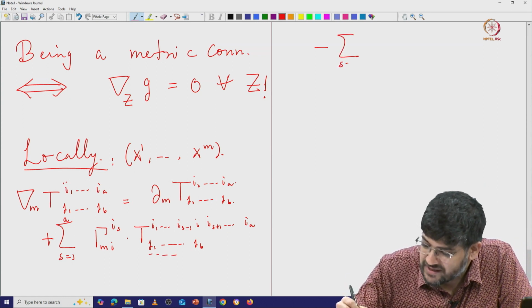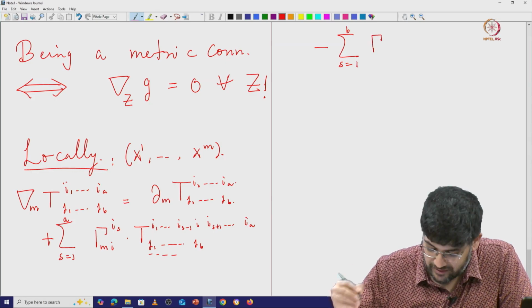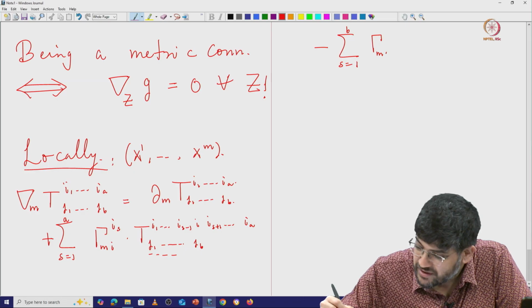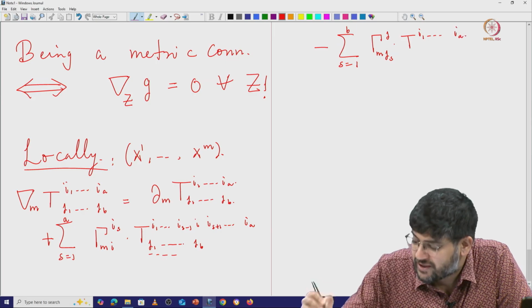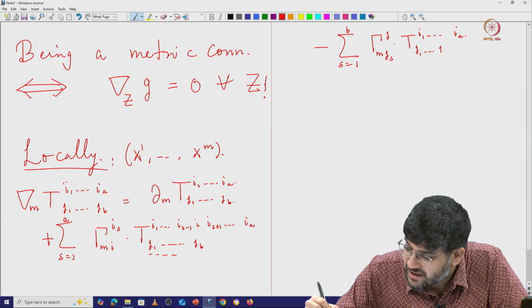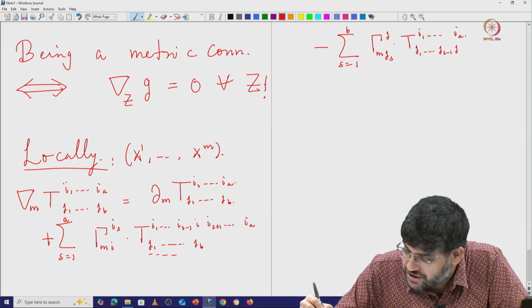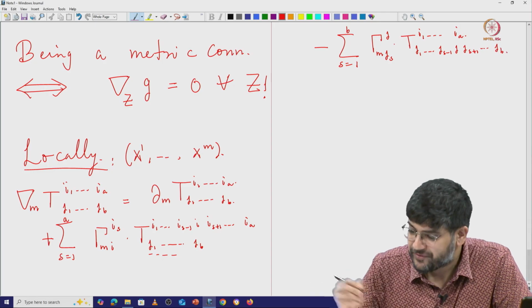So that's S going from 1 to B, gamma M JS J, T I1 and so on, where you keep the contravariant parts untouched, J1 up to JS minus 1, JS plus 1 up to JB.